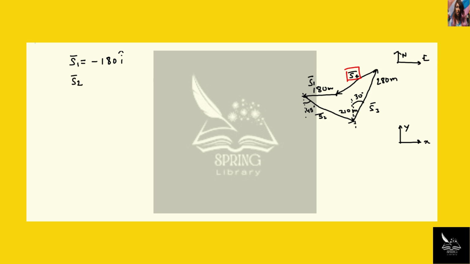Now, S2 would be, because this angle is 45 degrees, its x component would be its magnitude 210 multiplied by the sine of 45 degrees, whereas its y component would be its magnitude multiplied by the cos of 45 degrees.